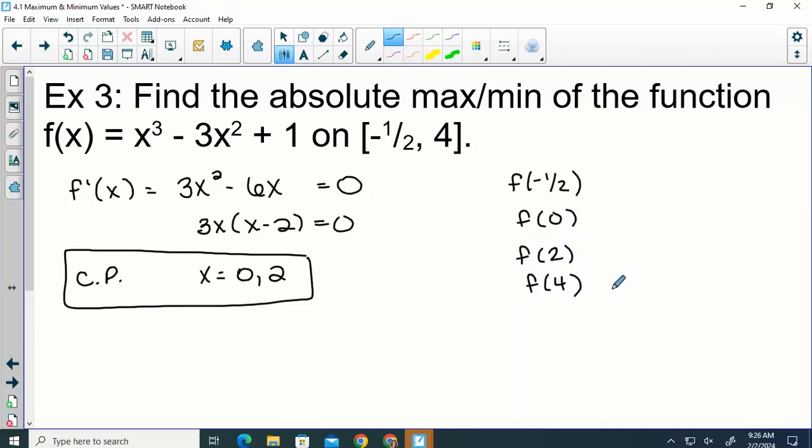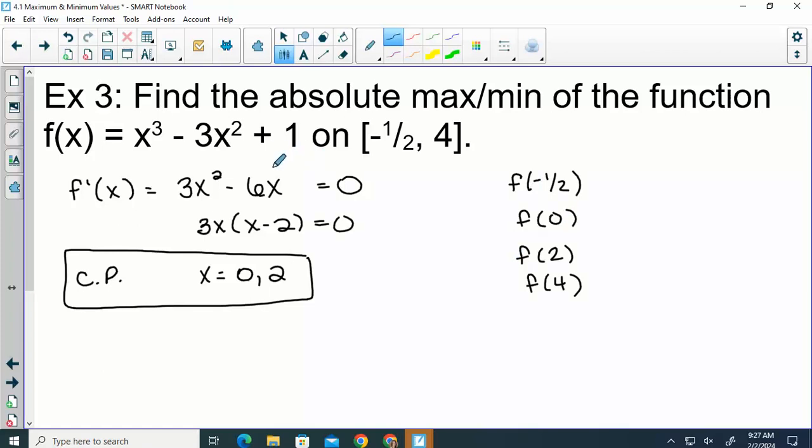I should mention, if you have a critical point, let's say we had gotten -3 as a critical point. Would it be relevant here? -3. My interval says I'm only looking between -1/2 and 4. So if you get a critical point that's not in that interval, you don't test it. So now we're just plugging these back into the original function to see what we get.